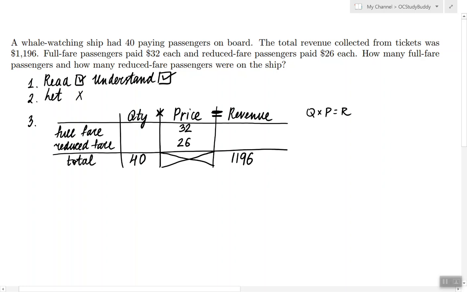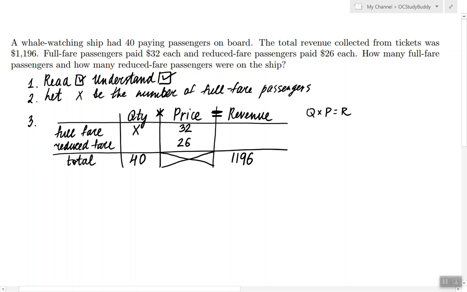So the question is how many full fare passengers were on the trip. So let X be the number of full fare passengers. So this is my X. Immediately, what do we know?